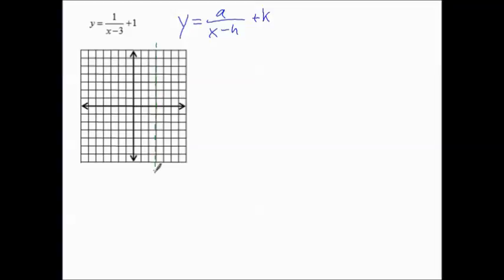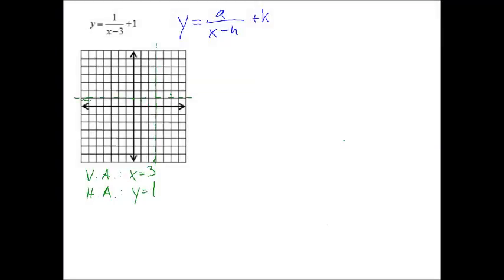And if k in this case is positive 1, then the entire graph is going to be moved upwards. And that is where our horizontal asymptote will be. So we can already note this down. We have a vertical asymptote that is x is equal to 3, and a horizontal asymptote that is y is equal to 1.